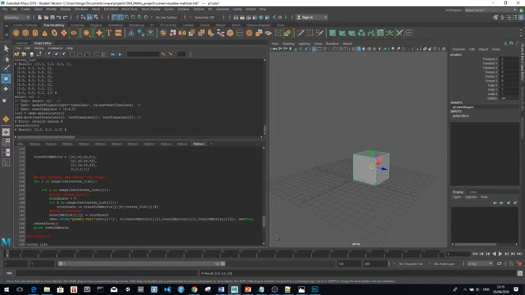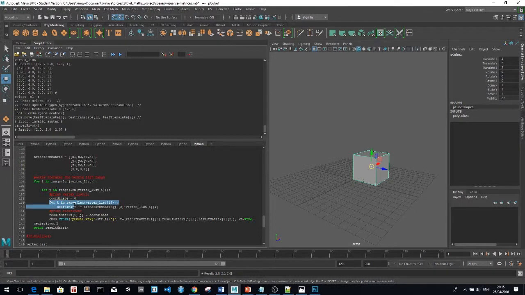At the end of our update polygon function, we have the vector multiplication, and we're using 3 for loops for this. The outermost loop iterates over the range of the vertex list that we take from the cube. The middle loop will iterate 4 times for each x, y, z and homogeneous coordinate of items in the vertex list, and we're initializing this coordinate here each time.